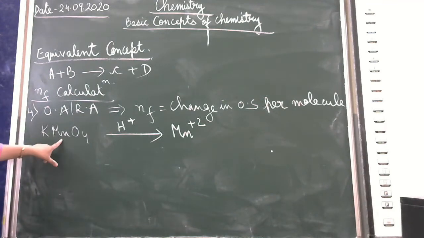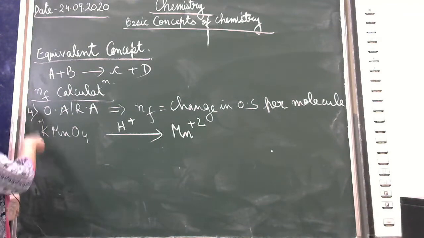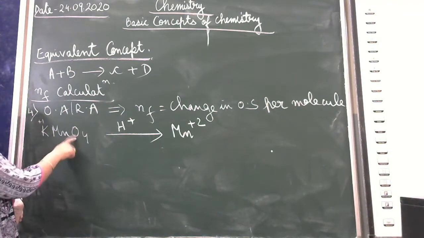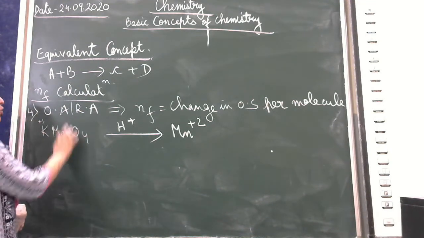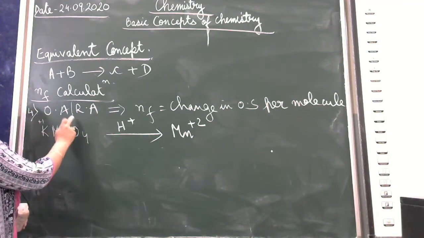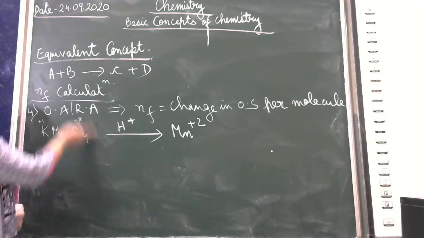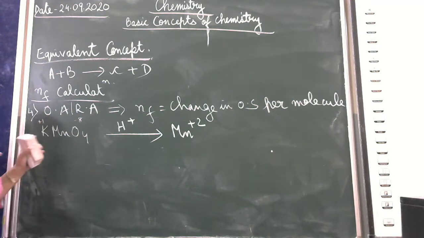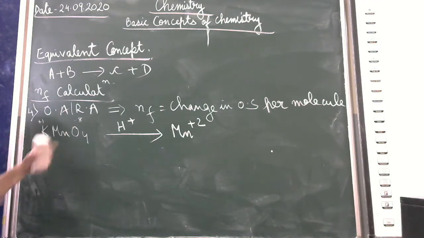Here, what is the oxidation state of manganese? Potassium is +1 because it belongs to group 1. Oxygen usually is -2. There are 4 oxygens, so it becomes -8. The compound is always neutral, so the summation should be 0.